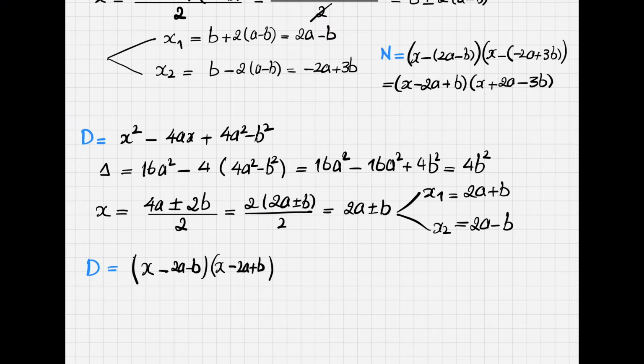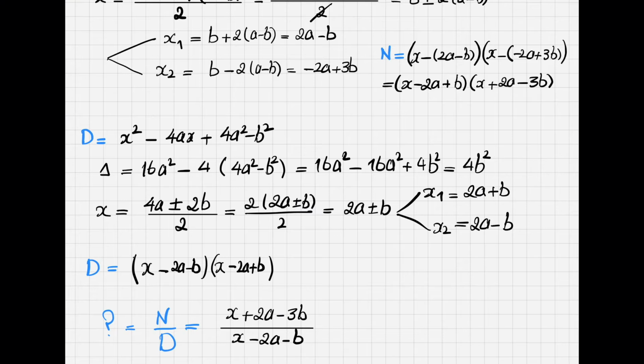So the question mark is actually the numerator divided by the denominator, which is equal to x plus 2a minus 3b, that's the factor left from the numerator, and the denominator is x minus 2a minus b.